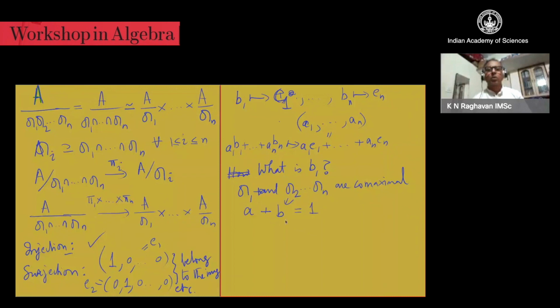So this B is 0 modulo Aj for all j bigger than 1. On the other hand, A belongs to A1, so B mod A1 is 1. So this is my B1; I can choose this to be B1.